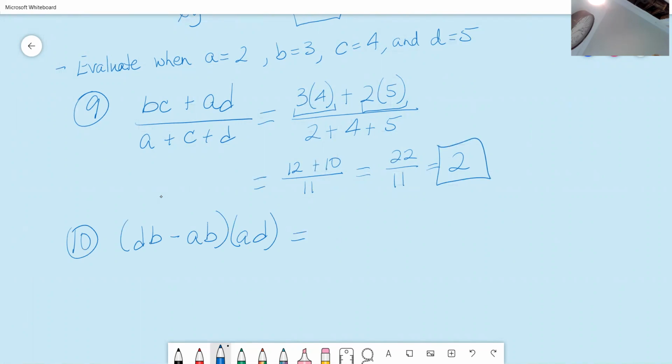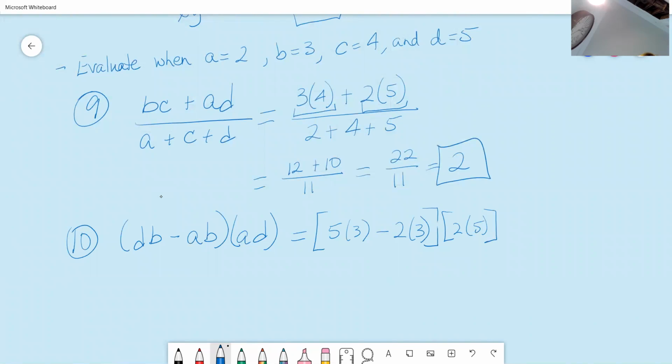All right, so let's plug numbers in. So this means that D, which is 5, times B, which is 3, minus A, which is 2, times B, which is 3, multiplied by, let's go and keep it, A, which is 2 times D, which is 5.